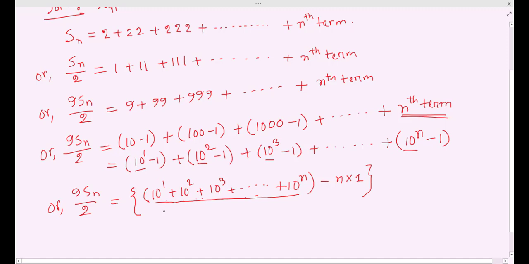So here a is equal to 10 and r is also equal to 10. This is a geometric series where the first term a is equal to 10 and r is equal to 10. So we'll write it like this.